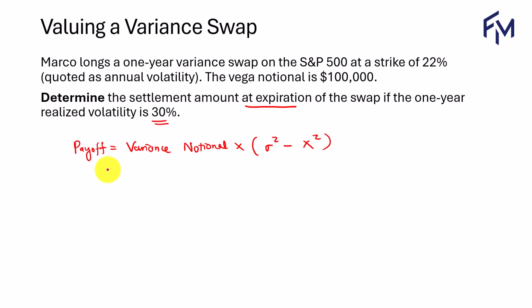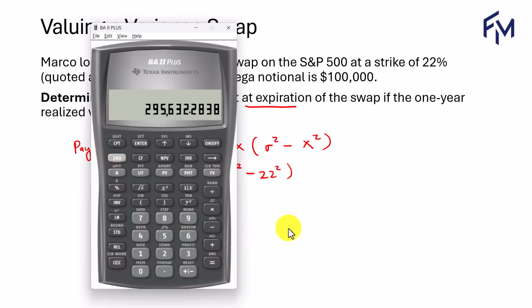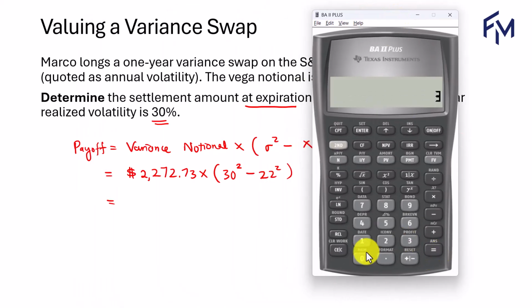For the variance notional, earlier we computed it as 2272.73. Now your realized volatility is 30, so we take power 2, then minus 22 squared. We have 30 squared minus 22 squared, and we multiply by 2272.73.